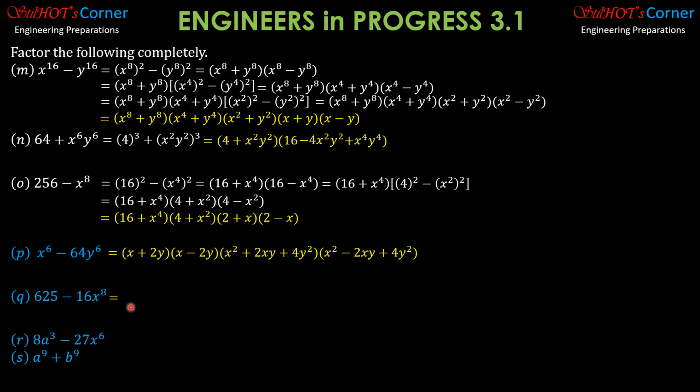Then for Q, show that this is 25 plus 4x squared, the quantity 5 minus 2x squared, the quantity 5 plus 2x squared. Then this one, show that this is 2a minus 3x squared, the quantity 4a squared plus 6ax squared plus 9x to the fourth.